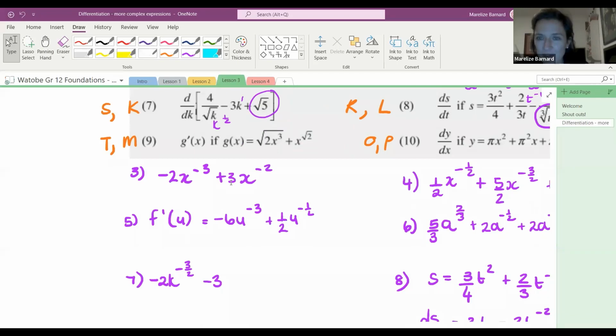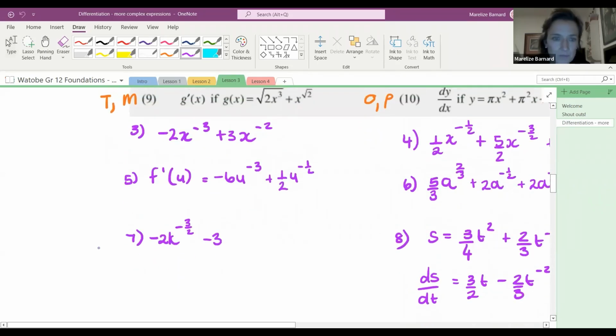Mechlale posted for question 9 as well, so let's see if that one's right. Question 9. So g of x is going to be root 2, and the x cubed is also being square rooted.